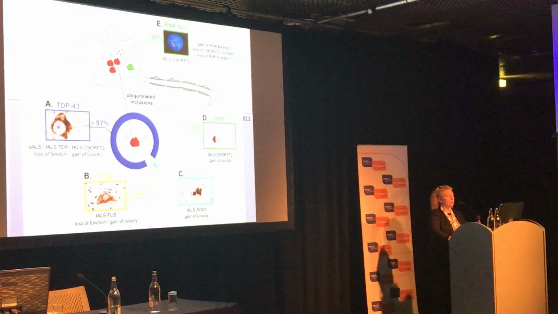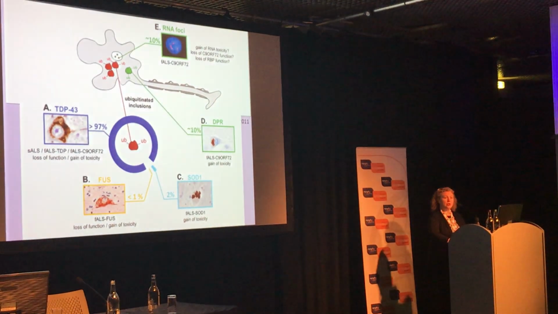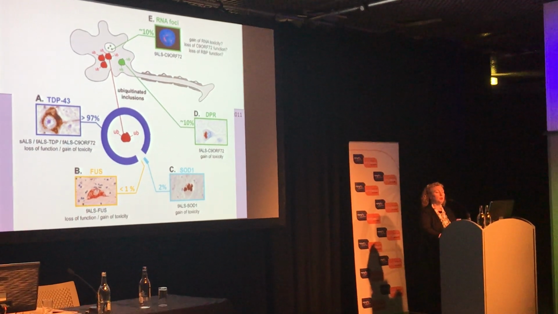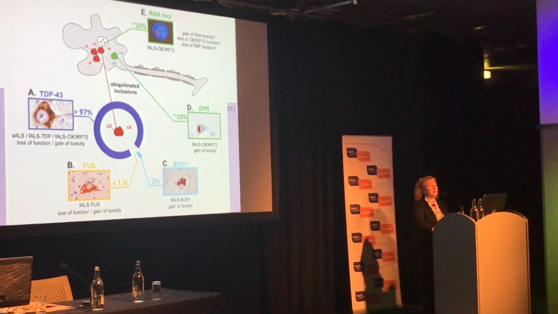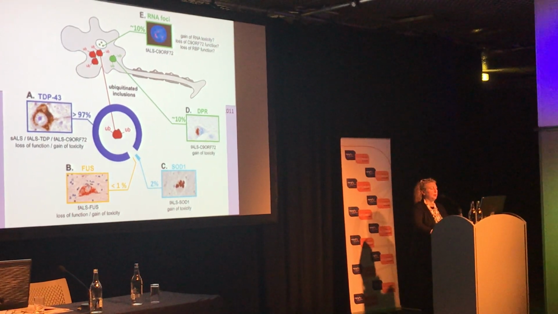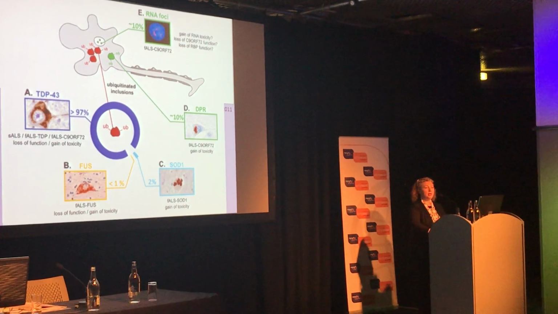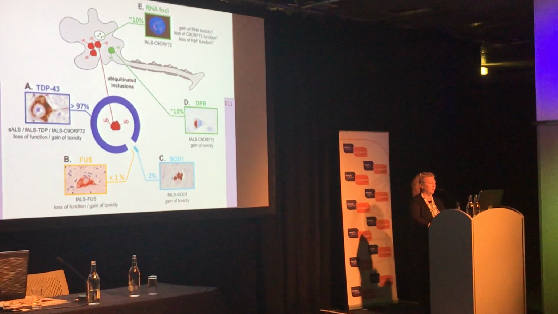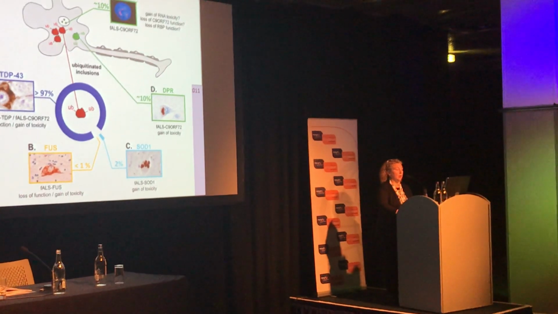The most important part, I think, is that even though patients do not have mutations in their TDP-43 gene, they still have what we consider a TDP pathology. There are many definitions of TDP pathology, but the one mostly accepted is that there are protein aggregations that are positive for TDP. They may include other proteins as well, but TDP is in those aggregates.